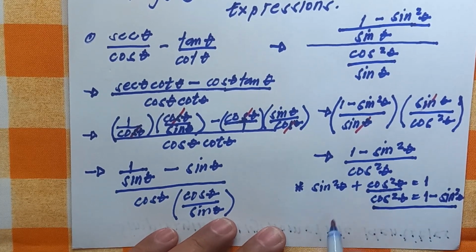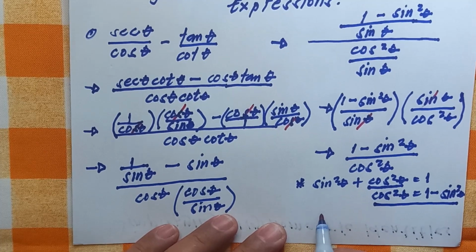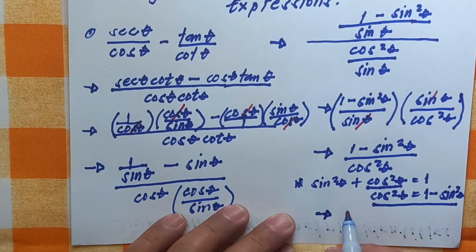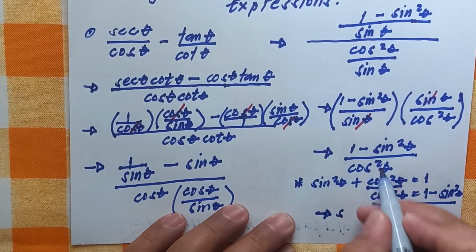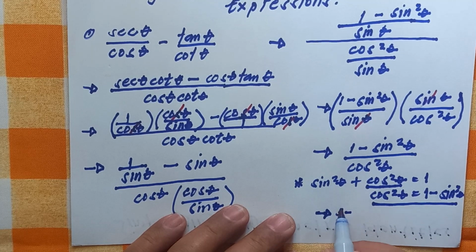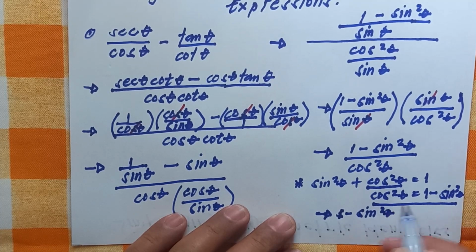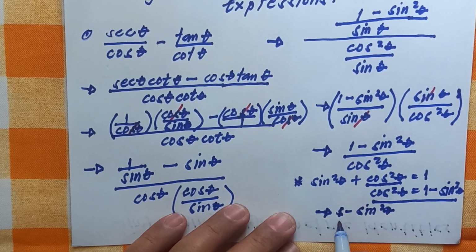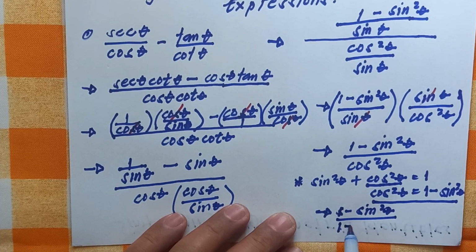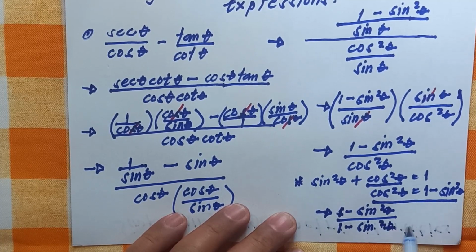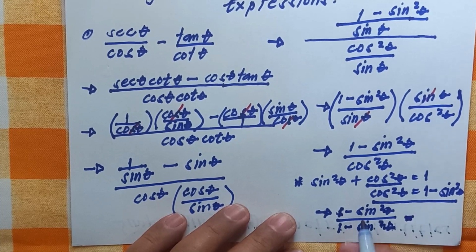So when we substitute our denominator, that is the same as the numerator, 1 minus sine squared theta, over, by substitution, 1 minus sine squared theta, and so you will notice that they are the same.